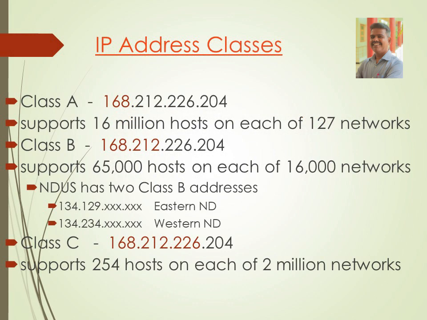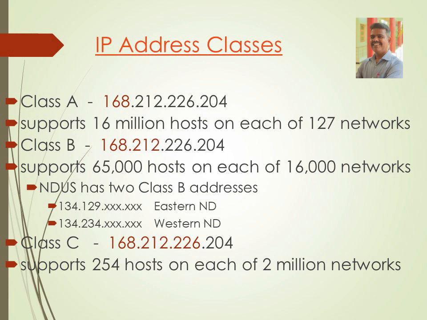IP address classes. How are IP addresses classified? IP addresses are classified into 5 types: class A, class B, class C, class D, class E. The first octet value of the subnet mask determines the type of IP address. If the first octet value is between the range 0 to 127, it is classified as a class A type IP address.